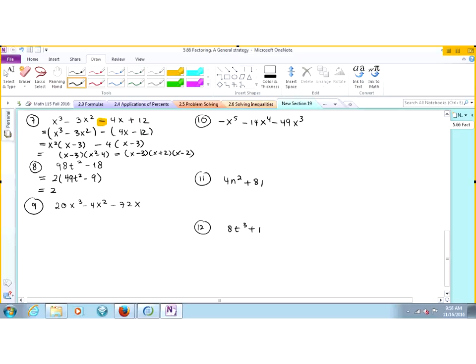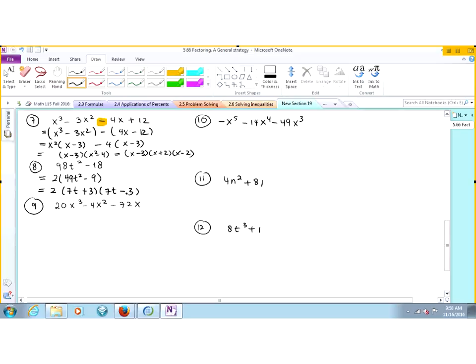Is 49p squared a perfect square? Yeah, it comes from what? 7p? How about the 9? 3. So how do I factor this? 7p plus 3 and 7p minus 3.